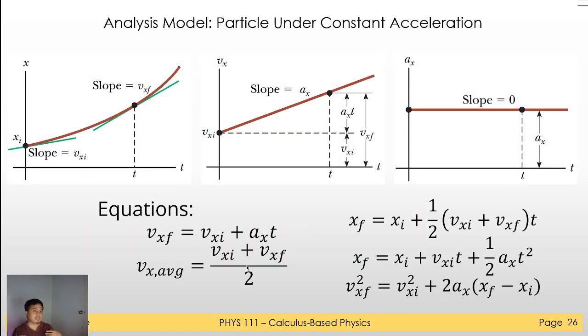So let's discuss this particle. If we analyze a particle under constant acceleration instead of a constant velocity, then we could derive these equations. I won't derive these equations anymore, but please remember the following equations. List them down in your notes.